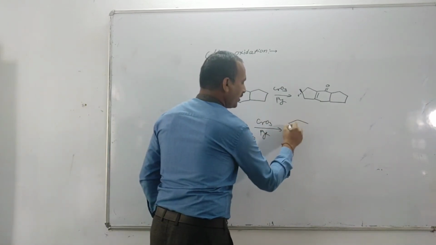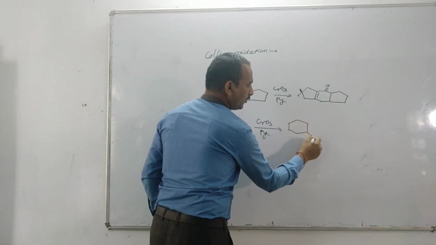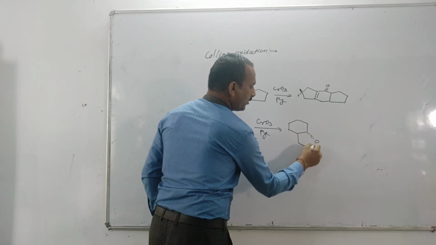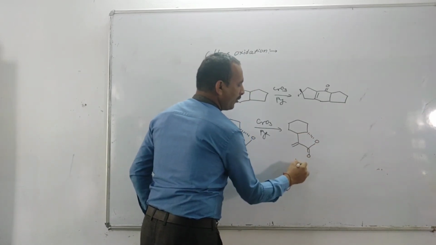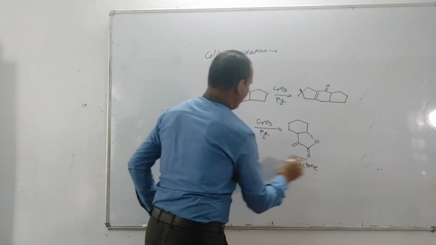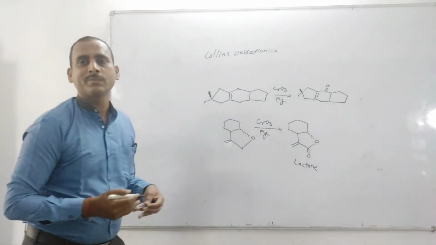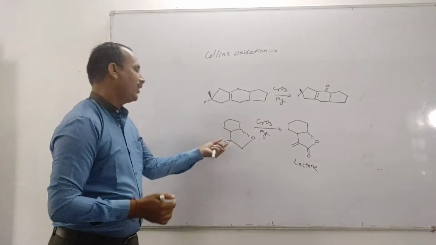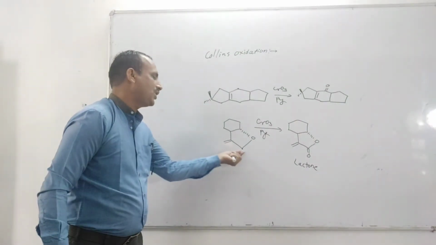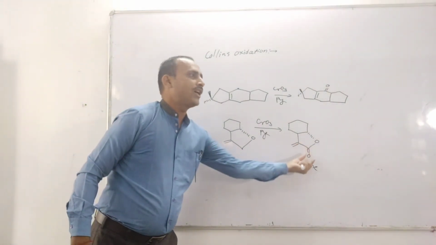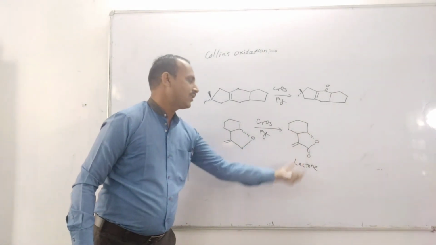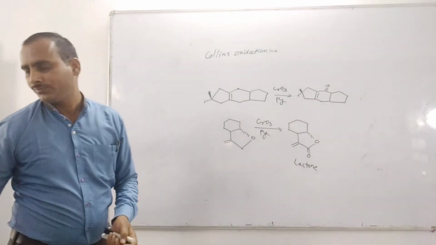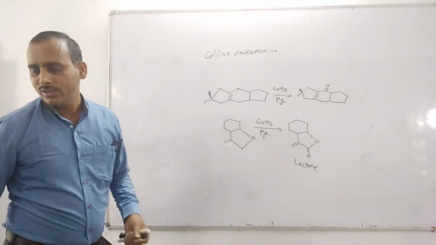So we get the product, oxygen double bond O double bond. So it becomes formation of lactone from the cyclic ethers. So cyclic ethers where there is an allylic position get oxidized to carbonyl compound, there is formation of cyclic ketone, ester, that is called the lactone. Okay, next reactions.